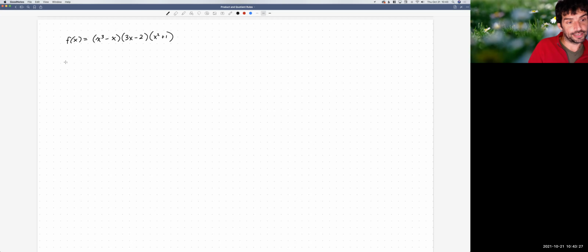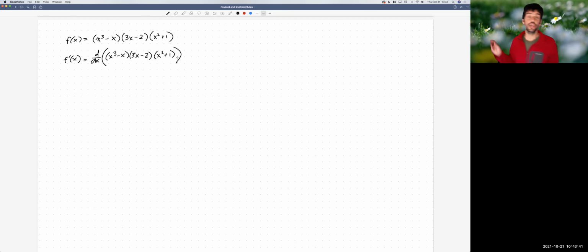So we're going to take the derivative of this chain of quantities. Okay. So the product rule tells us what to do when we have the product of 2 functions. Seems like we have the product of 3 functions here.